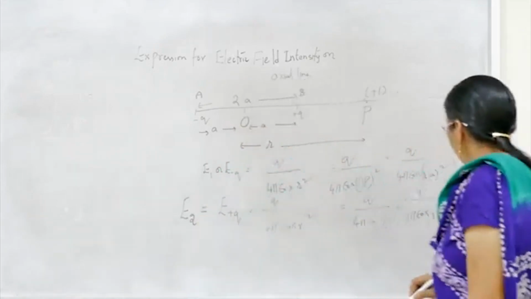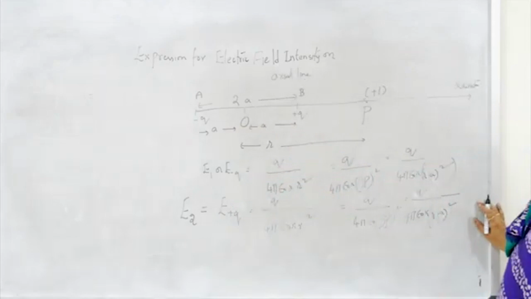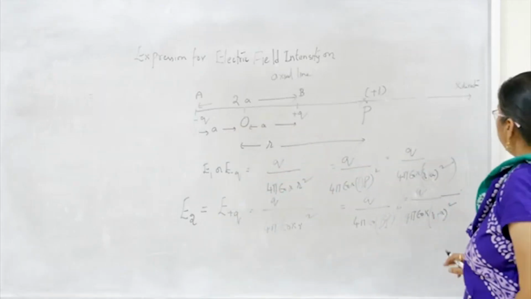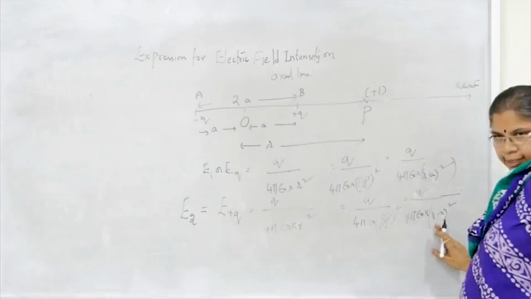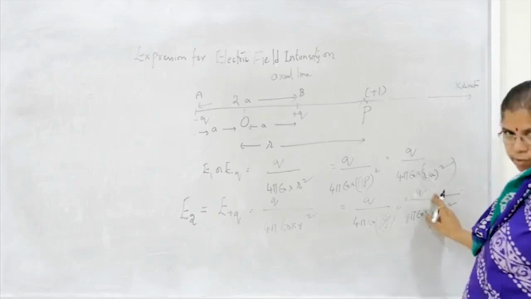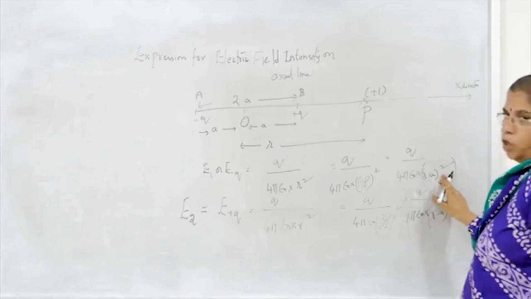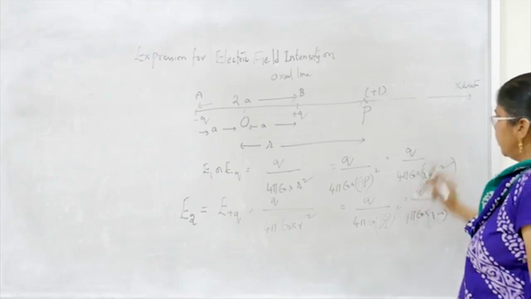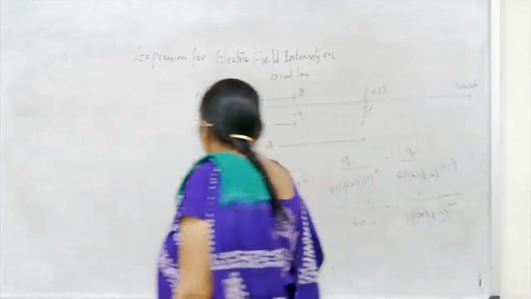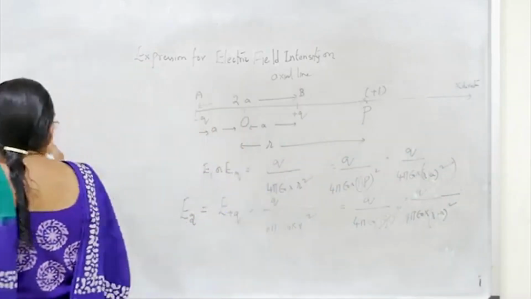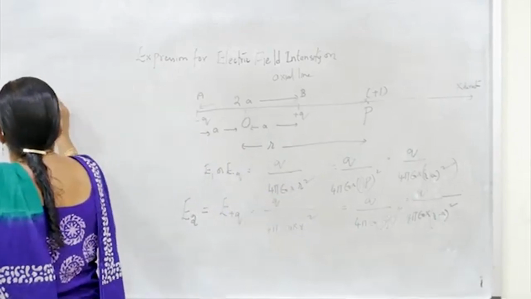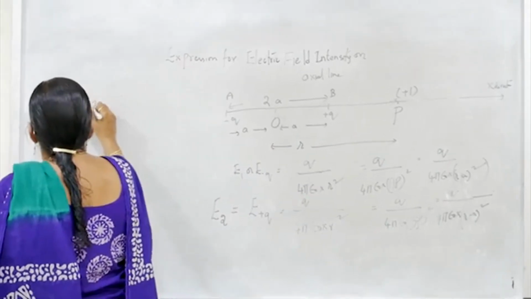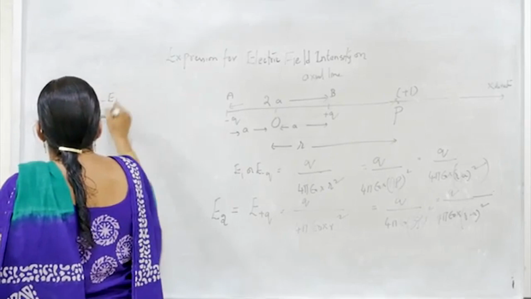Now we have a doubt over here, which one to subtract from the other. So here the numerator is less, so the denominator will be more, and here the denominator is more and the numerator is less. So you subtract E2, so total intensity E is equal to E2 minus E1.